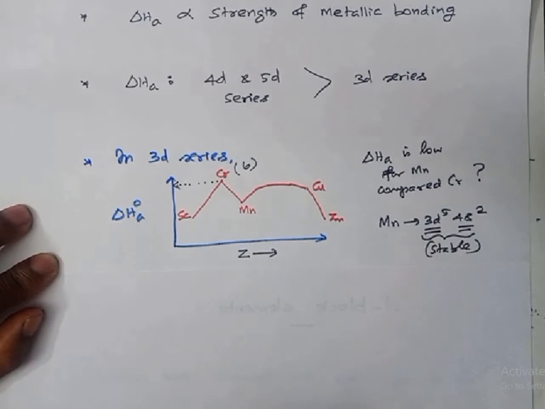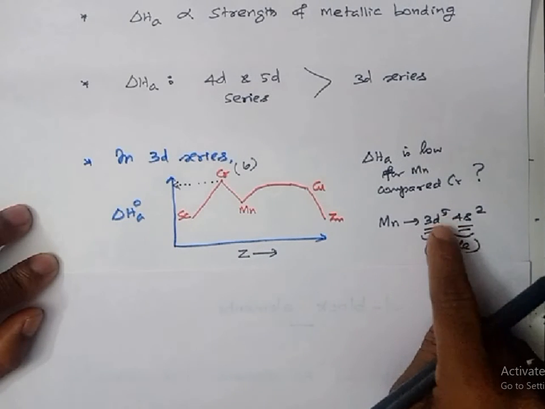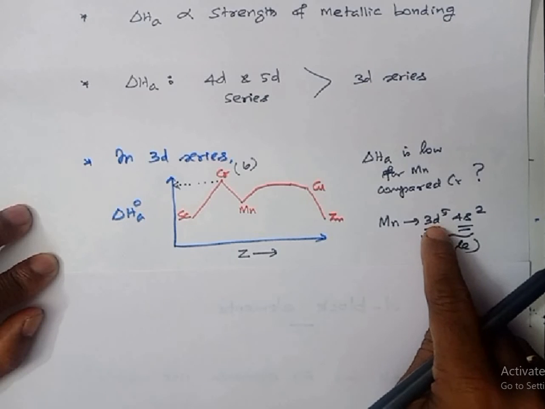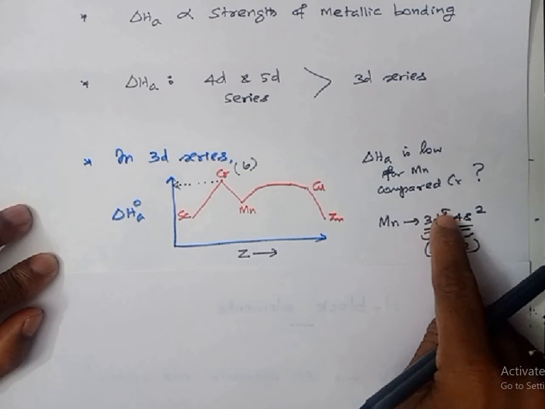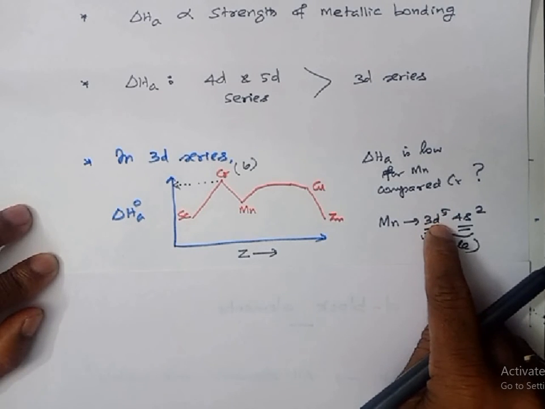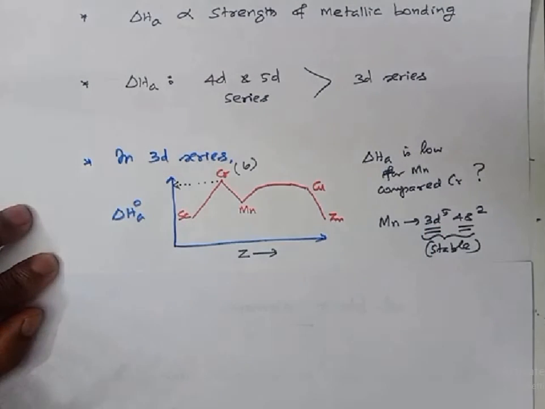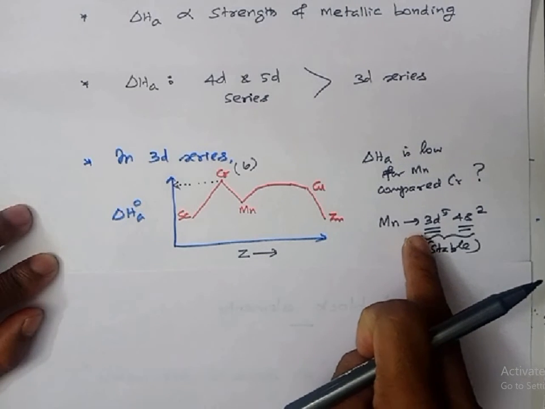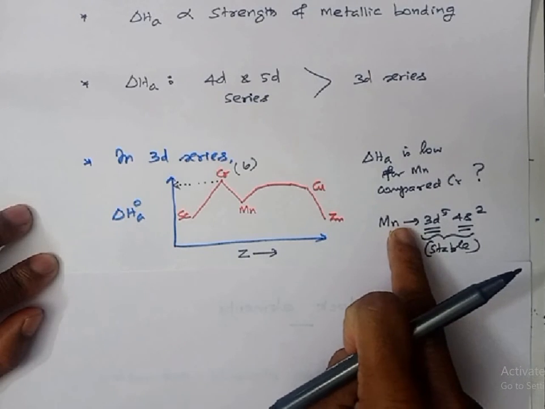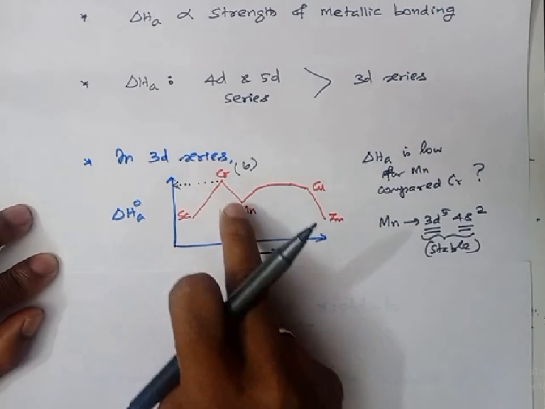It has a stable configuration, therefore the d electrons, the 5 electrons present in the d subshell, are reluctant to participate in metallic bonding. The tendency to form metallic bonding is less, weak. Therefore, metallic bonding is weak compared to chromium.